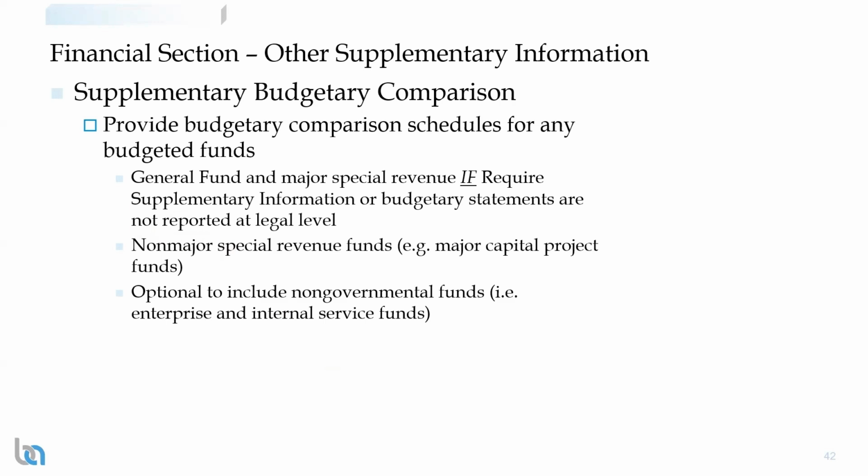So if you have major capital project funds or major debt service funds, then in your supplementary information, you should include budget to actual if those funds have a legally adopted budget. And then also it's optional to include non-governmental funds here.